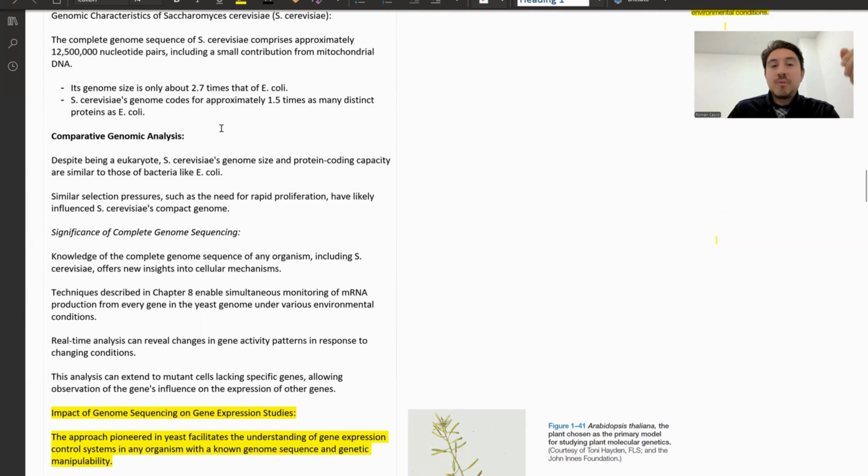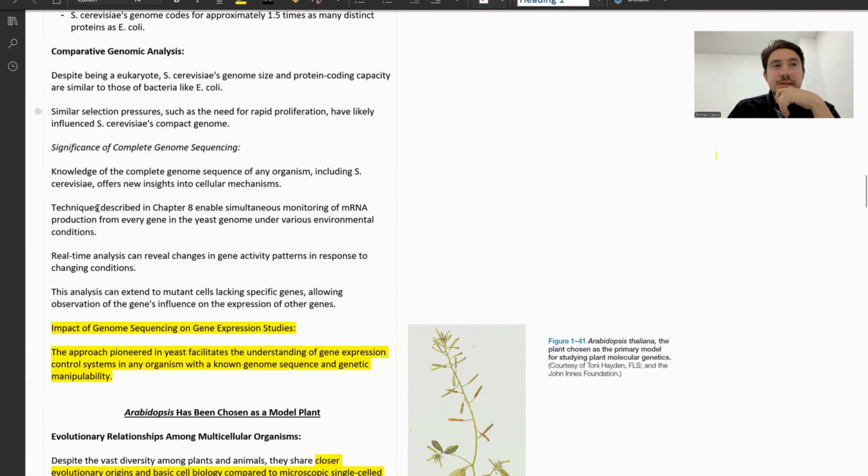It codes for 1.5 times as many distinct proteins as E. coli. So definitely not an incredible difference compared to other genomes in the eukaryotic realm. So it's a good way to compare genome analysis. Despite being a eukaryote, genome size and protein coding capacity is quite similar to bacteria like E. coli.